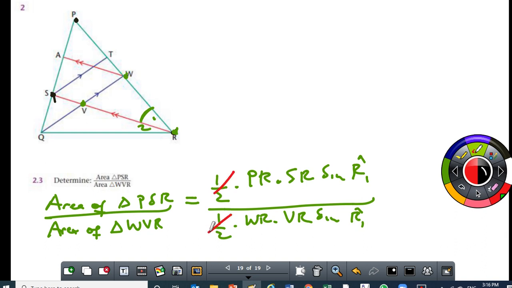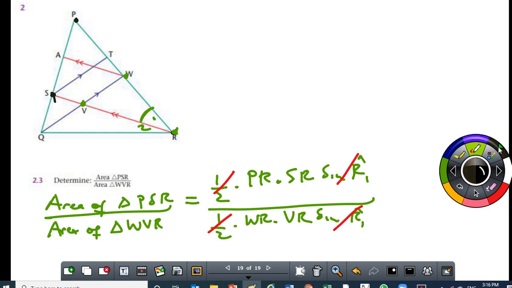Now check this. The half and half cancel. You'll be smiling once you get there, and your heartbeat won't increase, because you understood what to do. Then sine R1 and sine R1 cancel out.